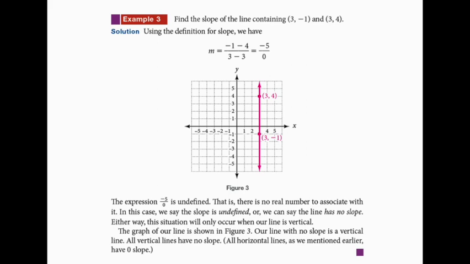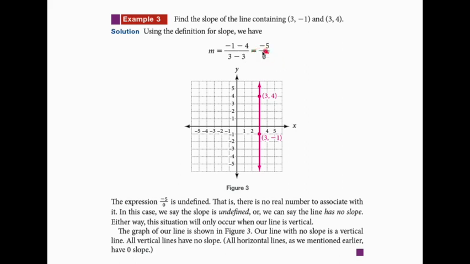In example 3, we have find the slope of the line containing 3, -1, and 3, 4. We're going to use the definition for slope, and we're going to get, here are these 2 points here, 3, 4, and 3, -1. When we use our formula, because 3, which is our x coordinate, doesn't change. It's going from x equals 3 to x equals 3. So when we subtract, since there's no change, we're going to get a 0 in the denominator.